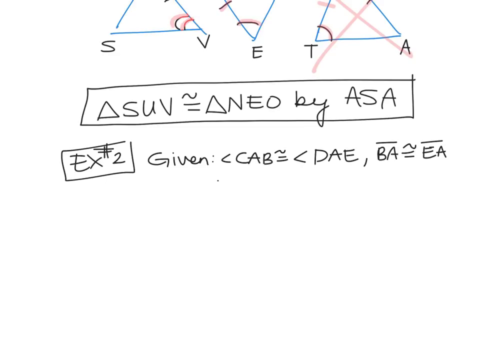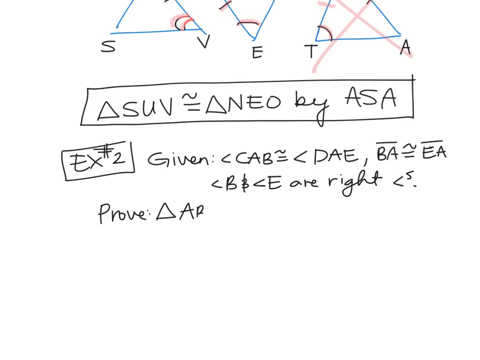And angle B and angle E are right angles. Okay, we have to prove that triangle ABC is congruent to triangle AED. And here is your picture.